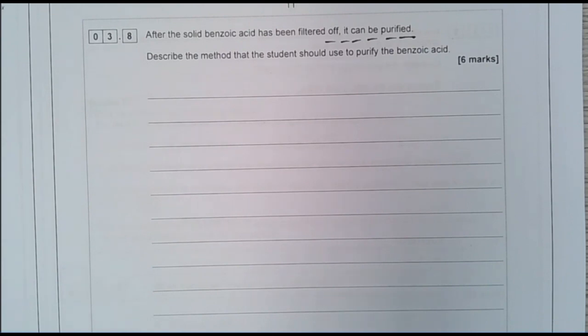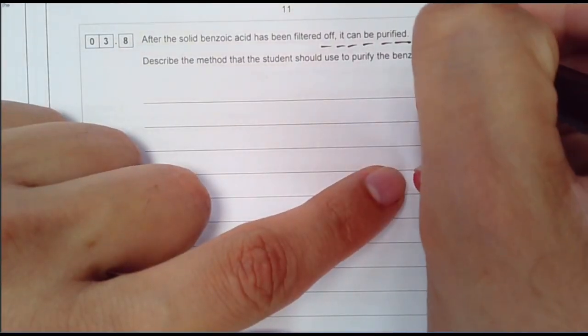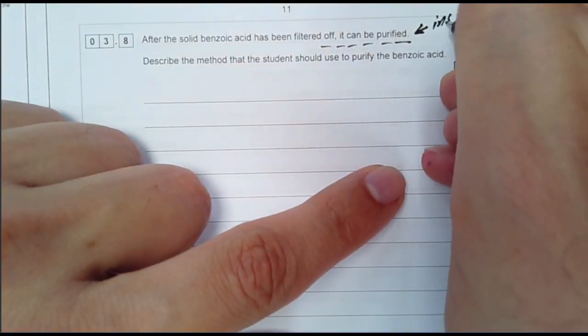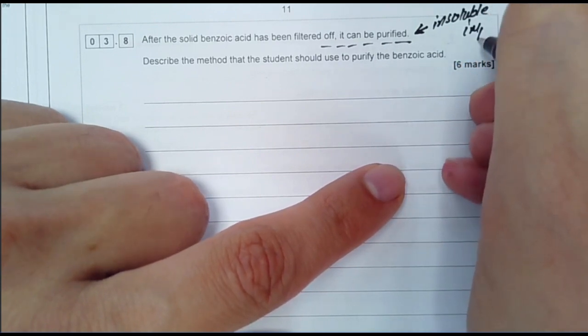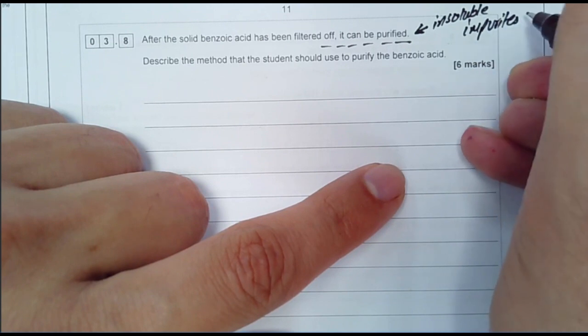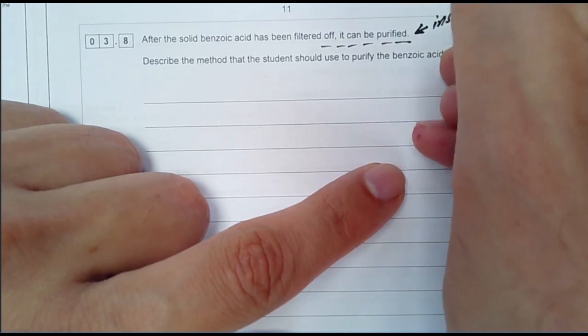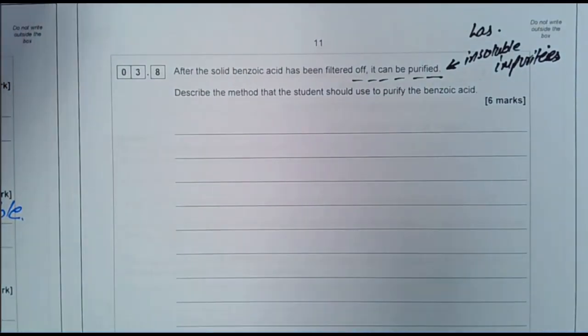So we are assuming in this case it has insoluble impurities. This is our assumption.